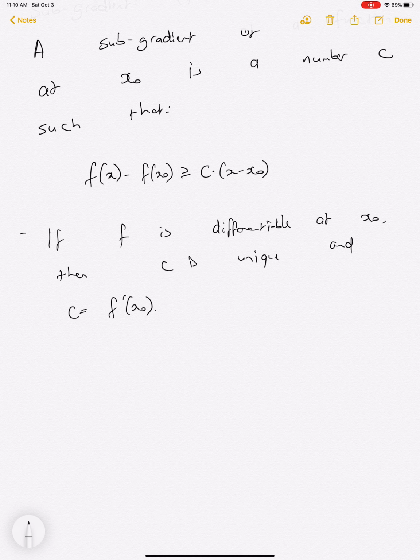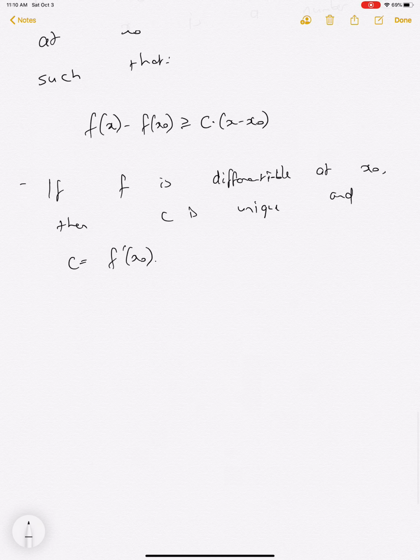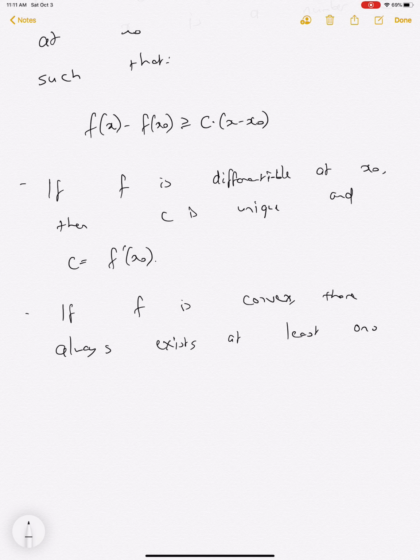So one thing to note is that if f is convex, there's always a subgradient. Basically, you want a line that lies below the function.